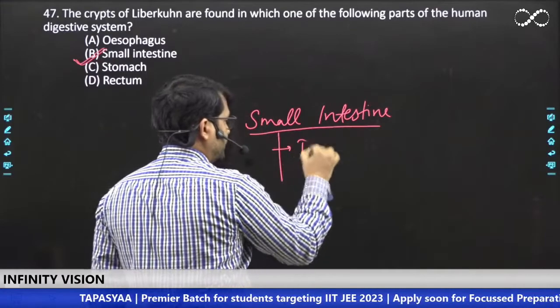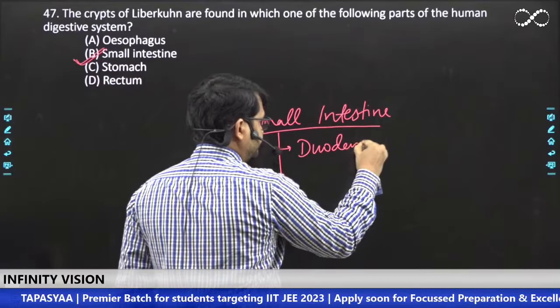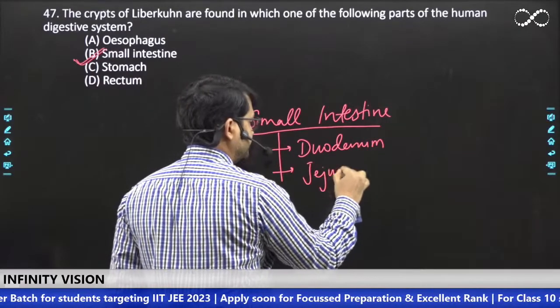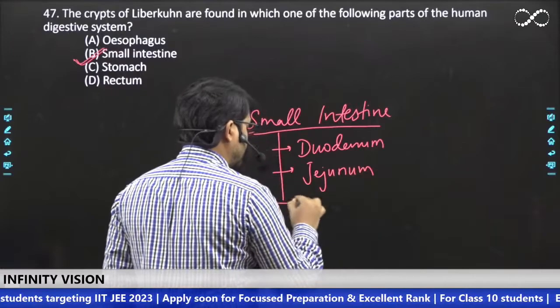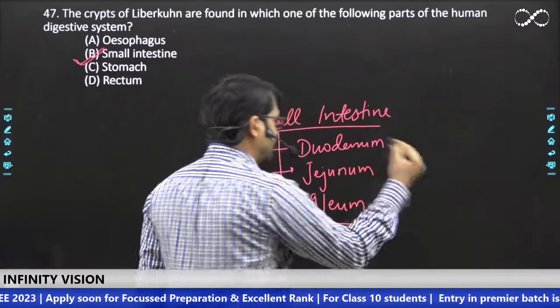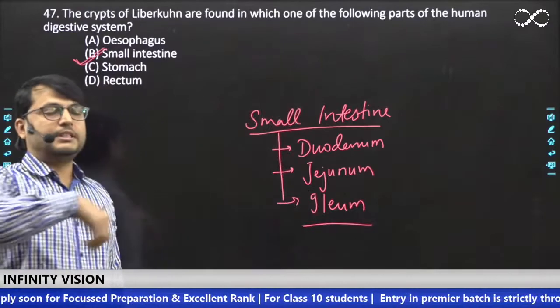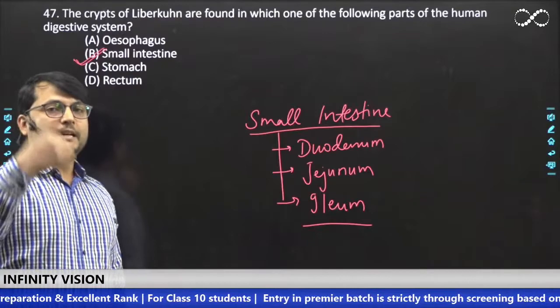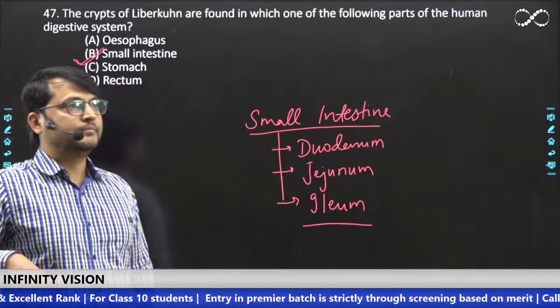You all know, right? Duodenum, jejunum, and ileum. Now, tell me, in which of these 3 parts do we find the crypts of Lieberkühn?